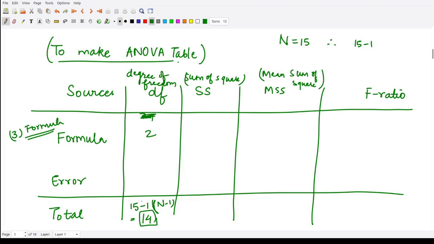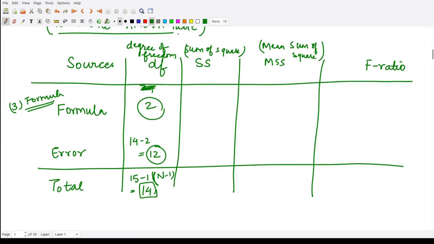This is obtained by calculating 14 minus 2, so it is equal to 12, because you want to add this term and this term so that you obtain the total as 14. Then you will calculate the sum of square between the formulas, and then the sum of square for total. Then you will calculate the sum of square for the error by subtracting these 2 values.